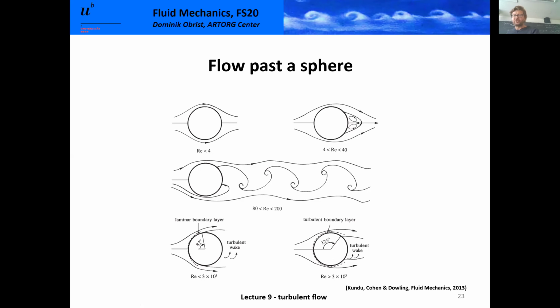And we'll look into this next week. This will be one of the main topics of next week, to understand why changing from a laminar to a turbulent boundary layer makes the wake smaller. Look, the wake here is that thick, and here the wake is much, much bigger. Why this actually leads to a temporary reduction of overall drag.